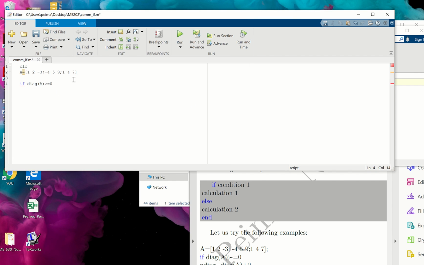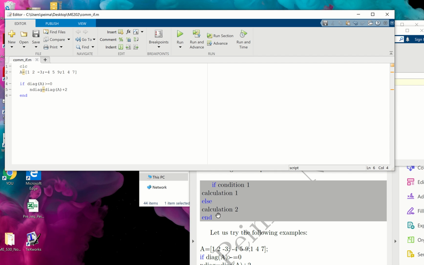This is how we write it. Greater than or equal to 0. If this condition is satisfied, new diagonal, for example, is diagonal elements of matrix A plus 2, and end. For every if, you have to have an end.